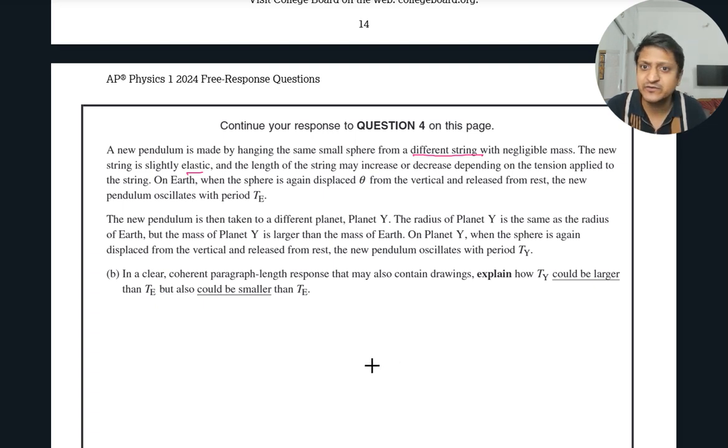On Earth, when the sphere is again displaced theta from the vertical and released from rest, the new pendulum oscillates with time period Te. The new pendulum is taken to another planet, that is Y. The radius of planet Y is the same as Earth, but the mass of the planet is larger. So the mass of planet Y is greater than the mass of Earth.